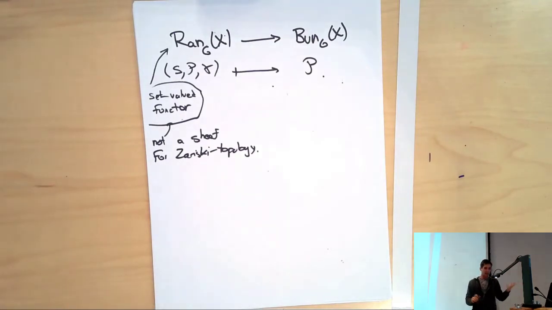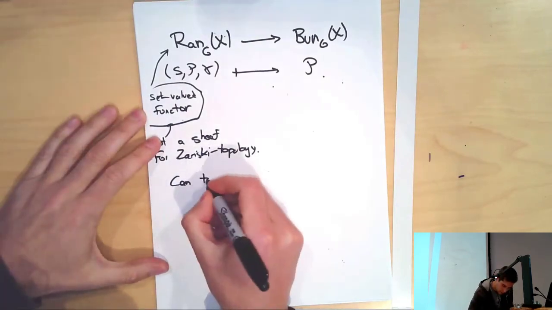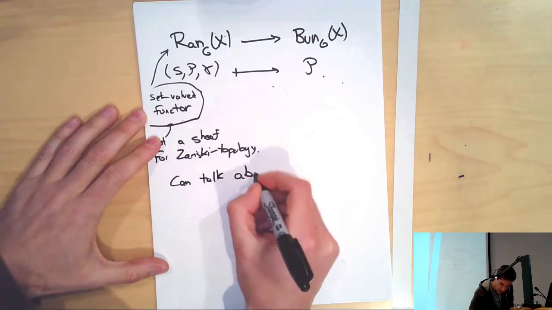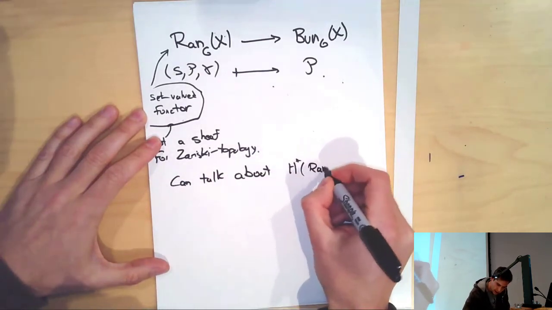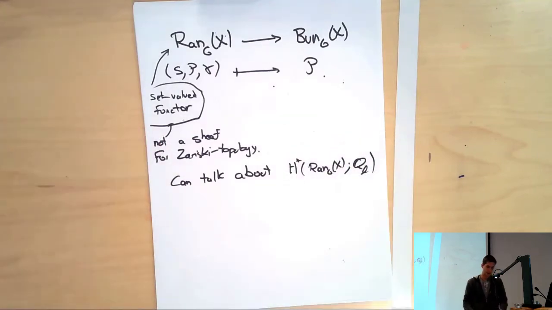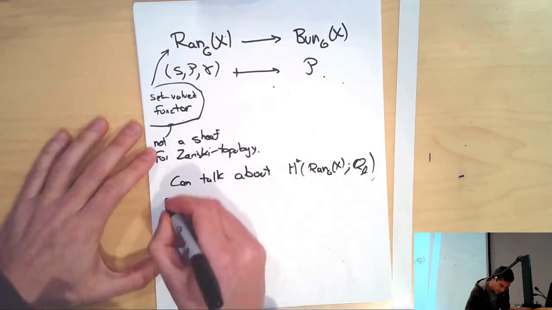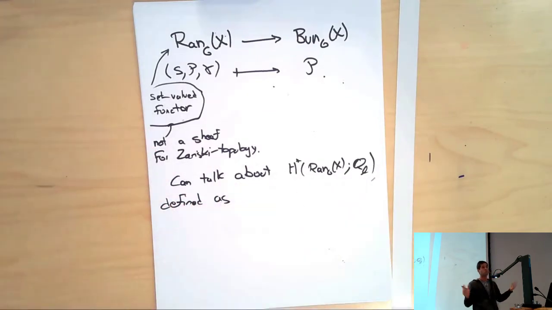So this is not a sheaf, it's not an algebraic variety, but nonetheless, it's something for which you can talk about invariants like L-adic cohomology. So you can talk about H star of Ron GX with, say, Q_l coefficients. And it's defined by a formal procedure.